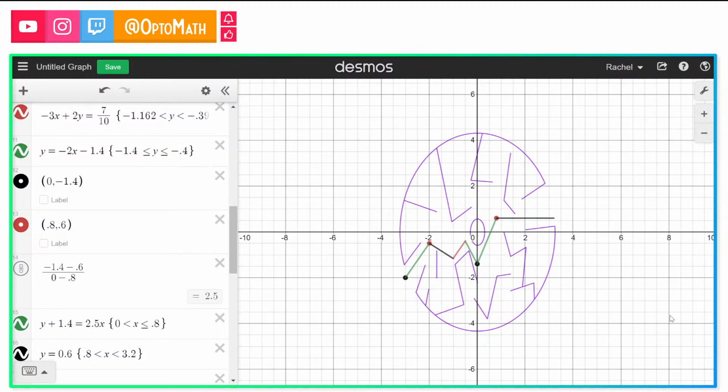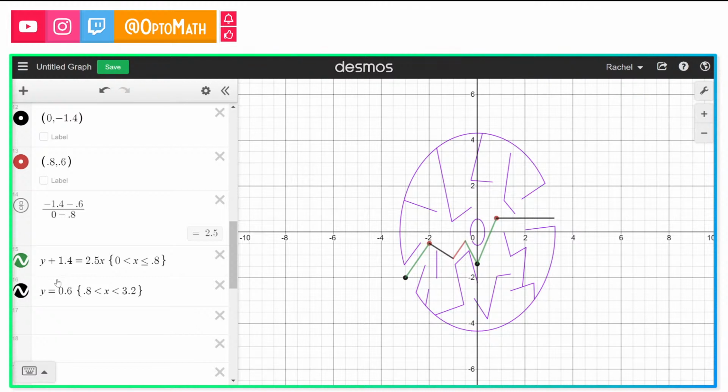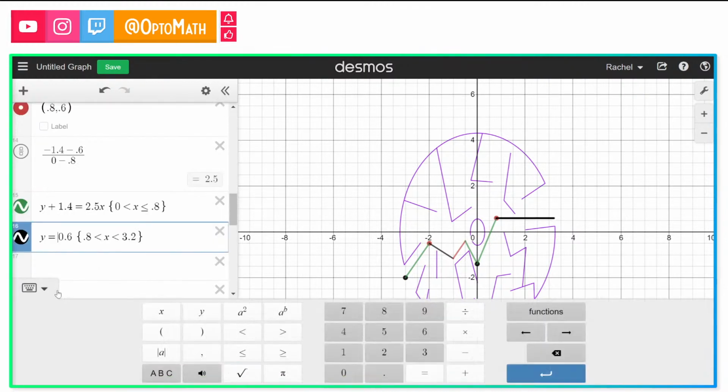If you do inequality functions, like here, let me show you an example. Let's change one of these to be an inequality. Instead of saying equals here, I can make this y, the whole function, be less than, and see how it shades below that? If you use shading, you could make some things super artsy, and people use that.